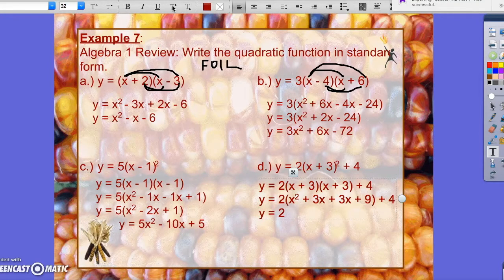Combine like terms. Now, just like before, we'll distribute the 2 to everything.